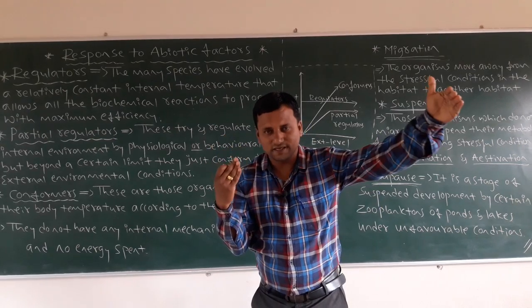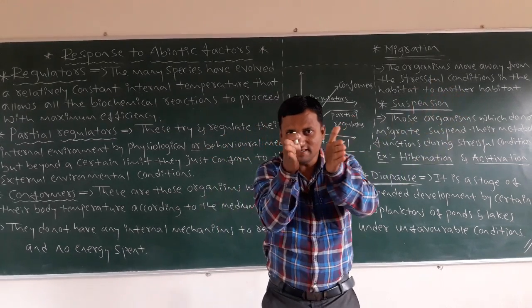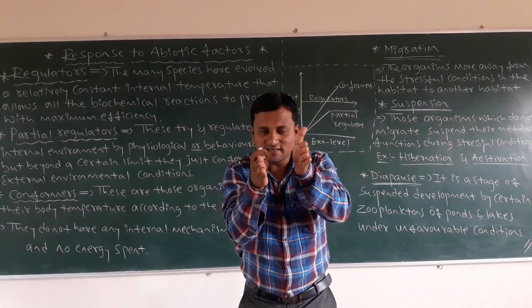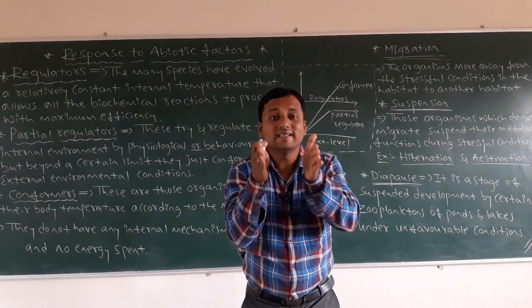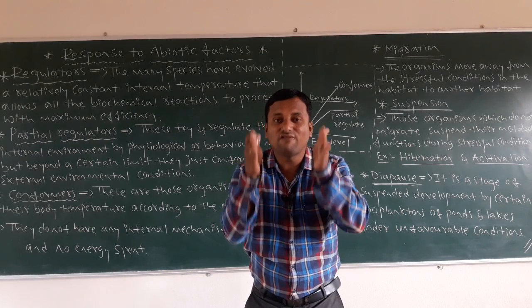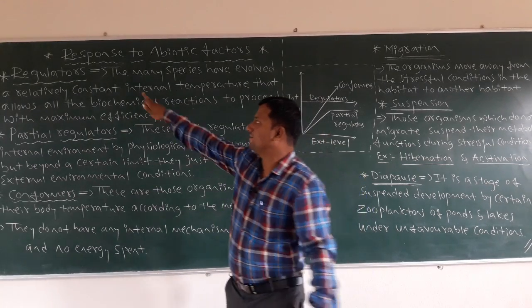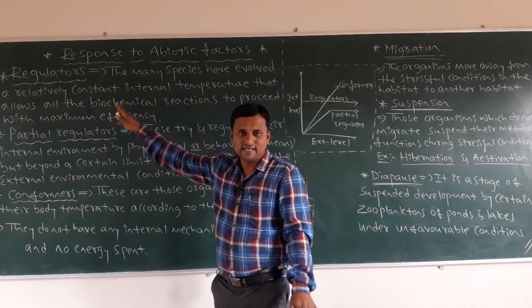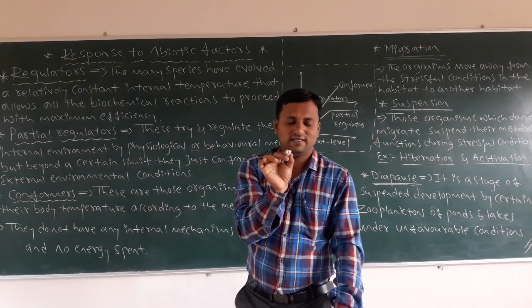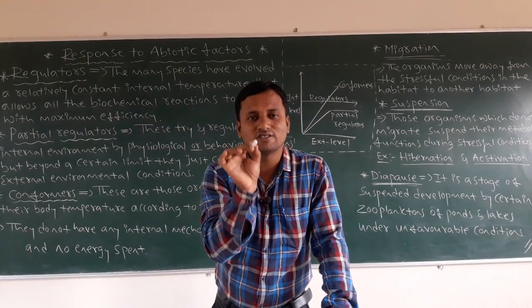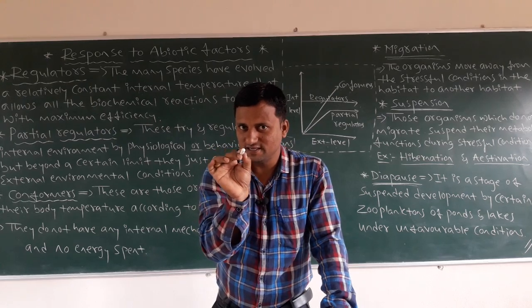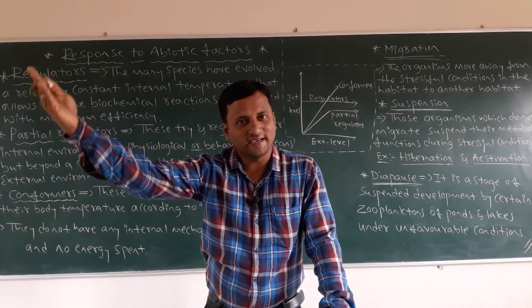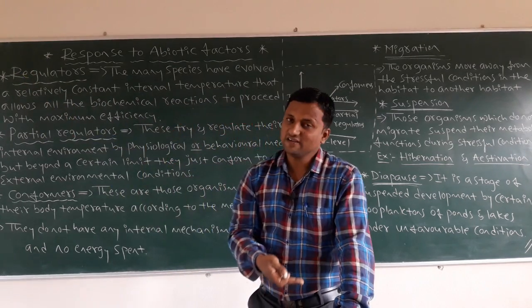However the external temperature changes, the internal body temperature also responds accordingly. These types of organisms are called regulators. Just remember: regulators have a constant body temperature regardless of external abiotic factors.